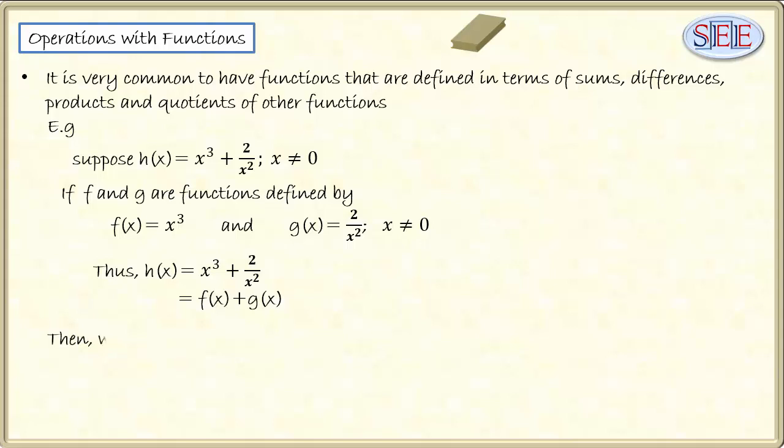Then we may consider the function h of x as the sum of the two individual functions f and g. So we can also have a function that can be expressed as the difference of two other functions. We can also have a function that can be re-expressed as the product of two other functions, and so on.